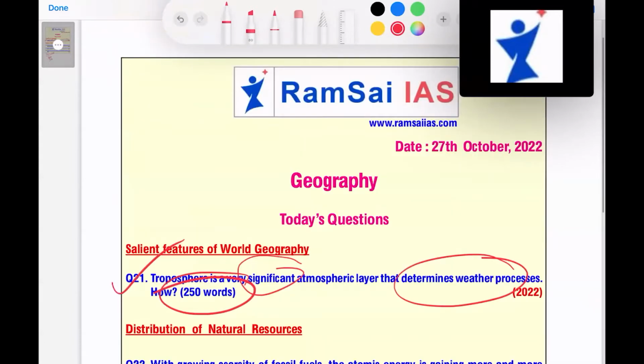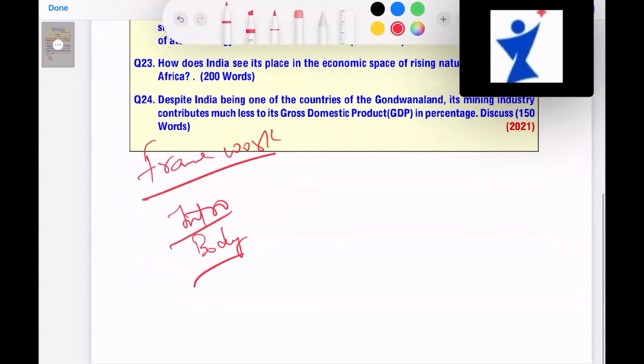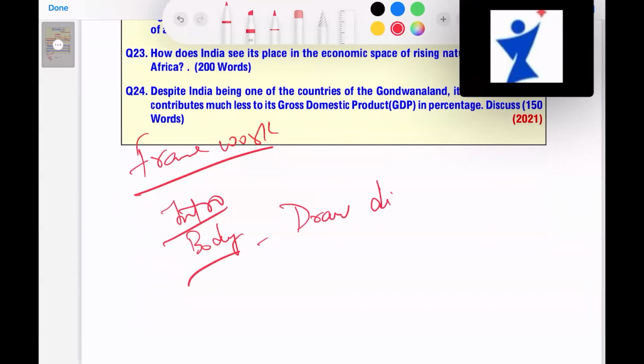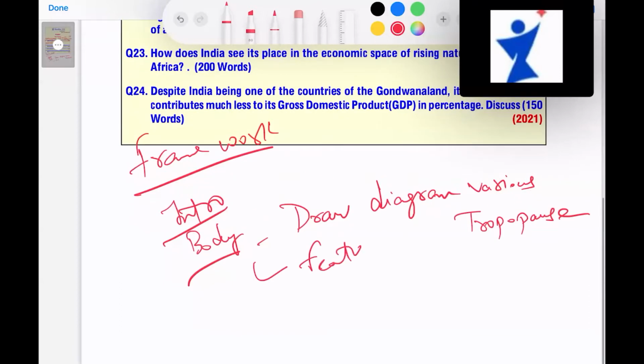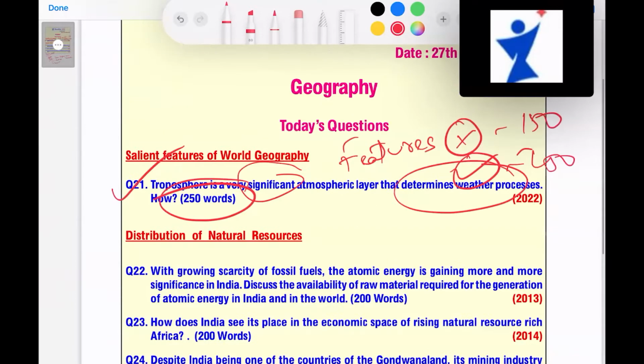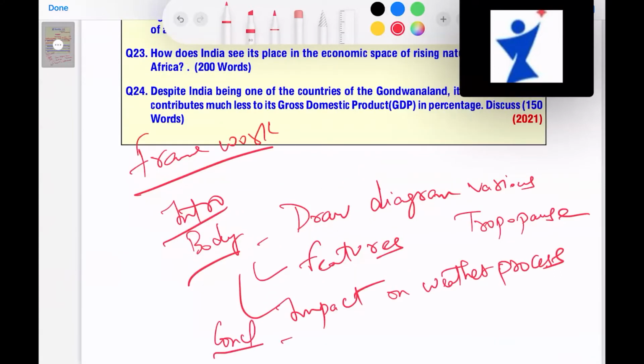In the body you'll draw the diagram of various layers of earth, and mark the ending of troposphere, which is called tropopause, and the starting of stratosphere. Then you'll write the features and the impact of troposphere on weather process. And finally you'll conclude by noting the importance of troposphere.